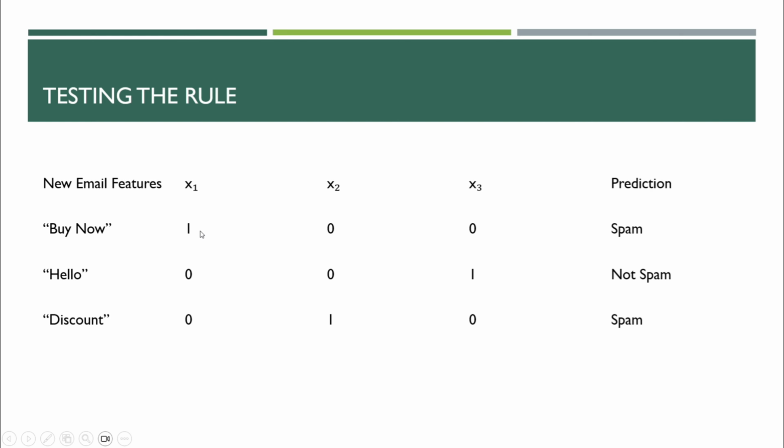Here x1 is equal to 1, and the prediction is spam, while for hello, x3 is 1 and it is not spam. Discount, x2 is 1 and it is spam. So when x1 is 1, x2 is 1, and x3 is 1, it is spam.